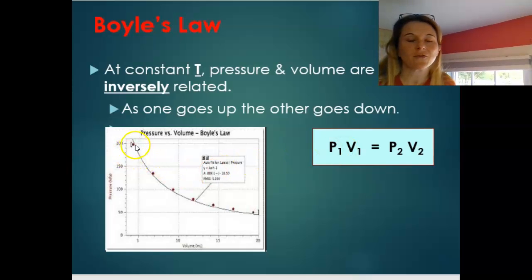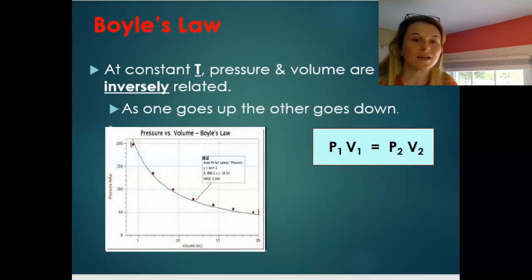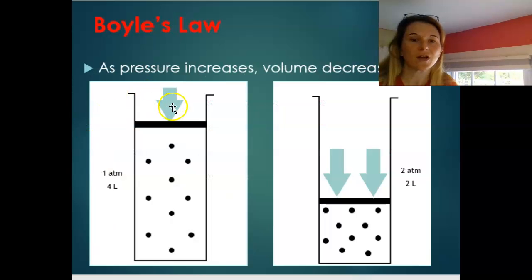And here, if we were to actually get some data measuring gas molecules as we put them under pressure, as we increase the pressure, we would see the volume decrease, and as we decrease the pressure, we would see the volume increase. Here's a little cartoon drawing of that. We have a piston, a sealed container.